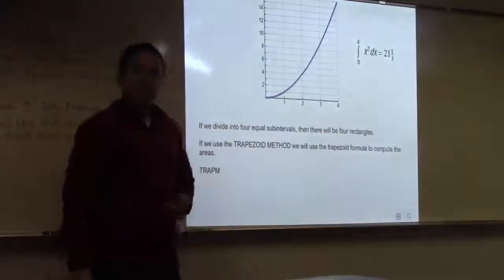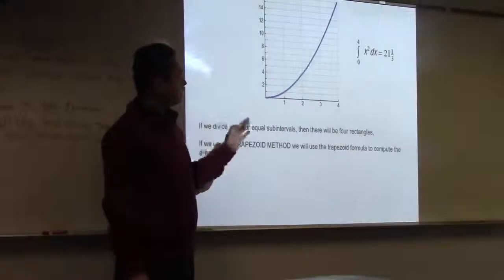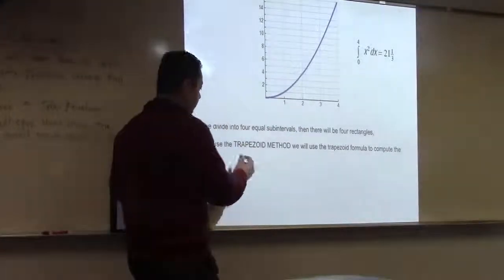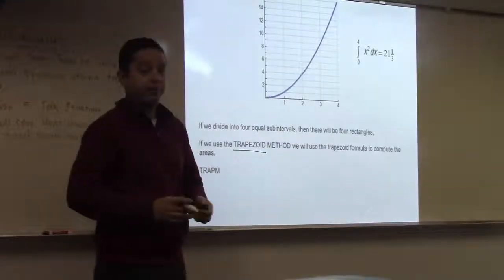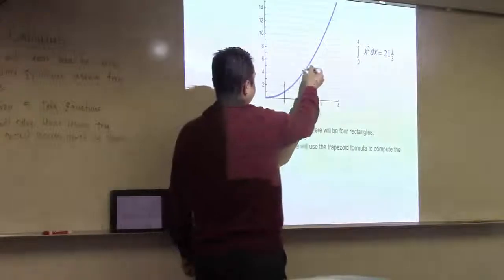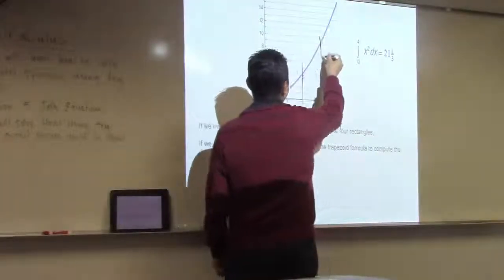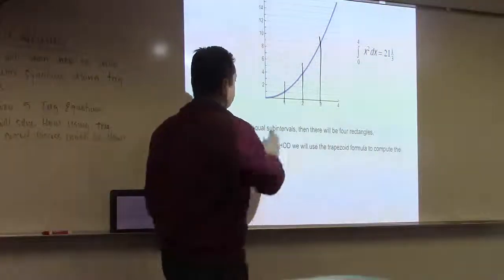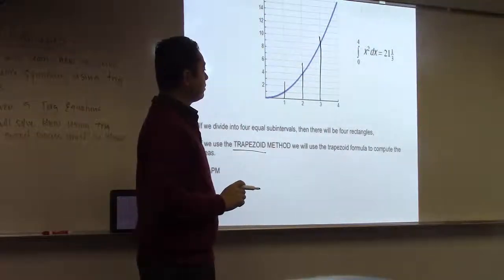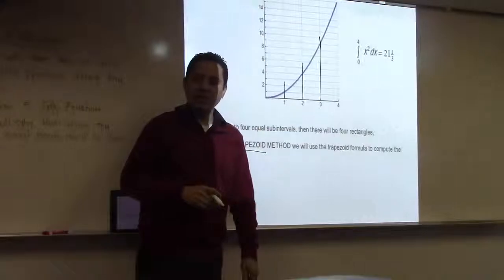Alright, so you're still cutting this integrand or this graph into 4 sub-intervals, but now you're being asked to use the trapezoid method, or trap. Right? So here we go again. I'm going to make the same lines that we have done with all the previous 3 methods. Now, am I going to make dots here?